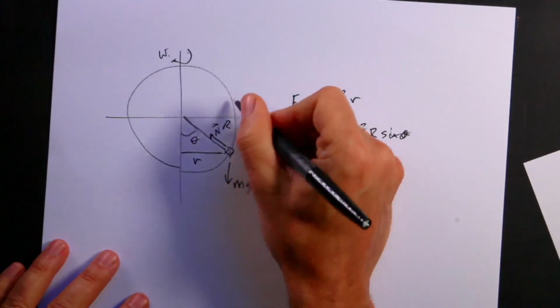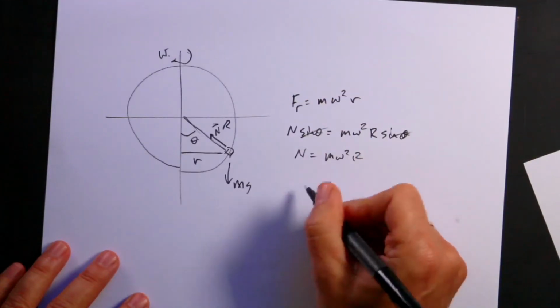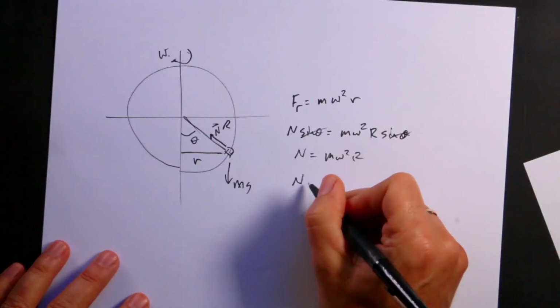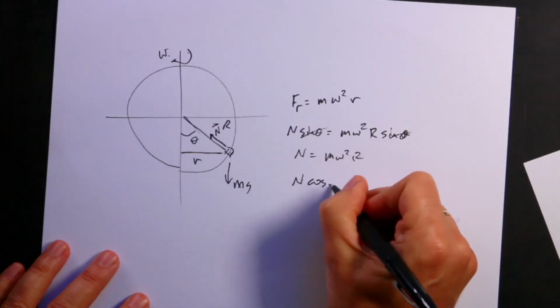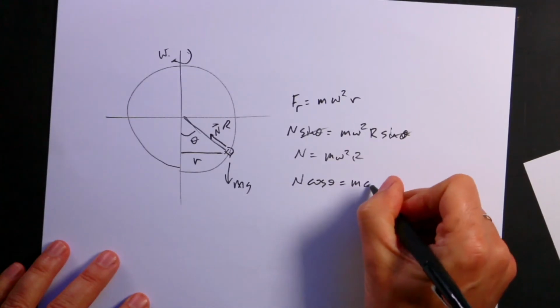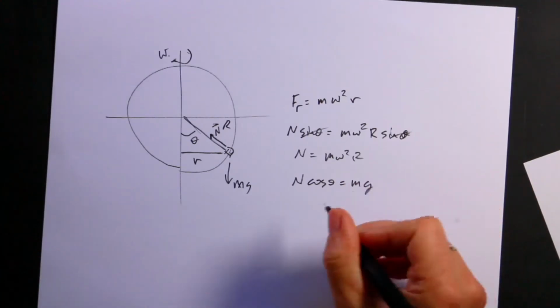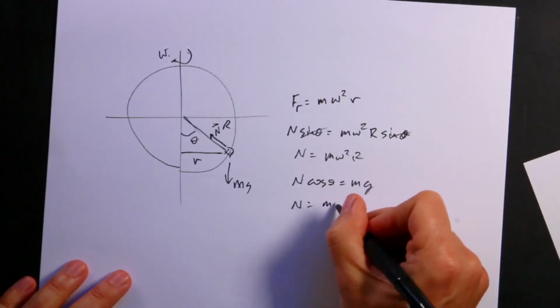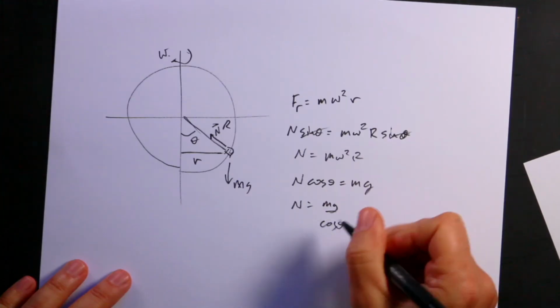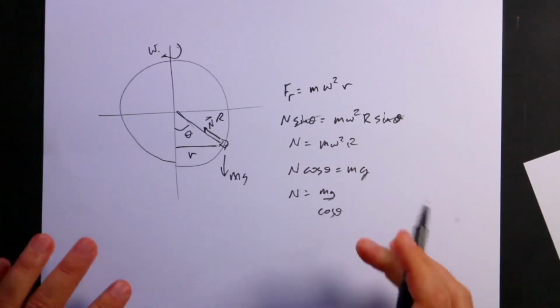But I also know that the acceleration in the vertical direction is 0. So N cosine theta equals mg. Those have to add up. So N is going to be mg over cosine theta. And this is only in the case of a stable orbit, right?